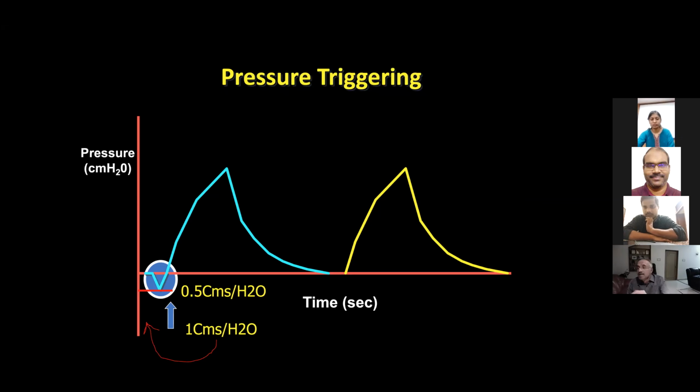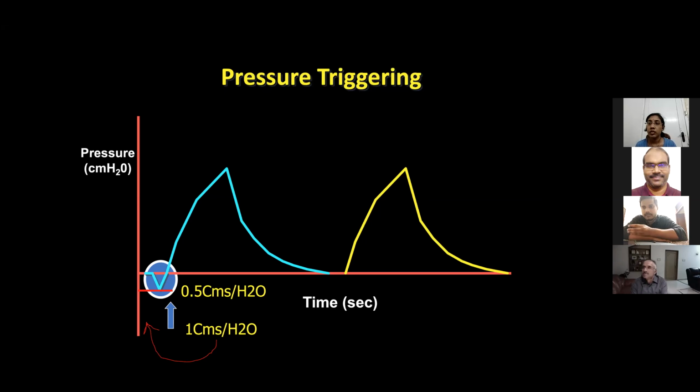Remember this. In fact, studies have proven that improper trigger setting is the reason for 50% of asynchrony. So in pressure trigger, what should be the value of the trigger setting? -1 or -2 centimeters of water. Why don't you keep it at -5 or -6 centimeters? Then the patient will have missed breaths.